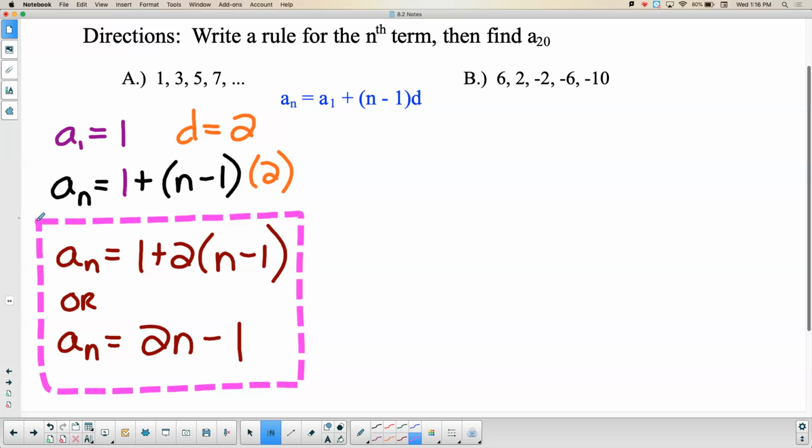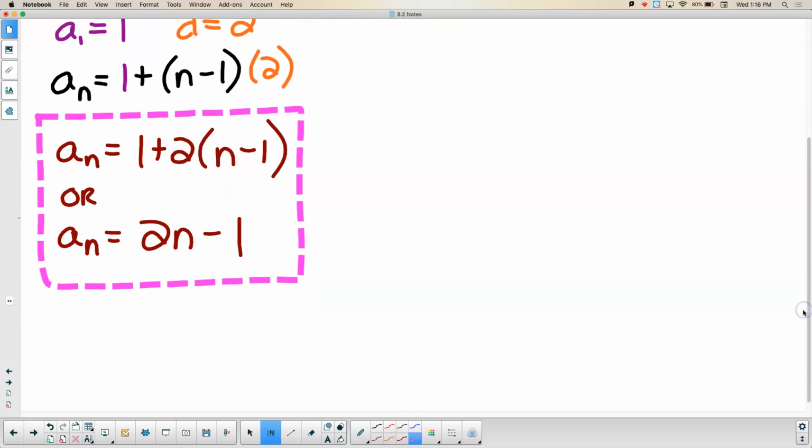All right, now we've got to find the 20th term. So using my rule, a sub 20, I'm going to substitute 20 in for n. 2 times 20 then is 40. 40 minus 1 is 39.